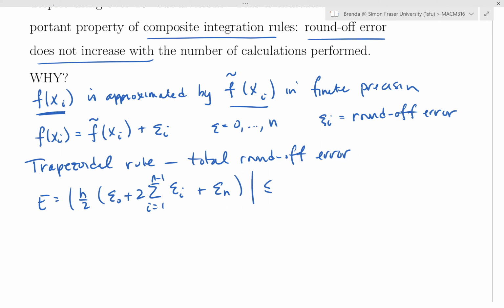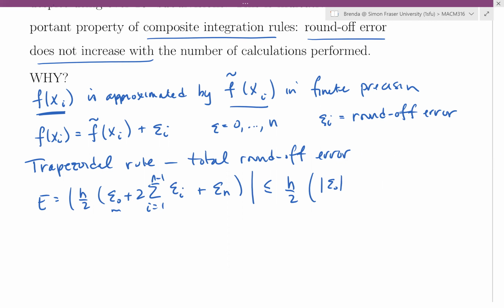That is going to be less than or equal to this guy here, and I'm going to put absolute value signs on it. Some of the errors might actually cancel out, but if I take the absolute value of all of them, then I for sure get an upper bound.